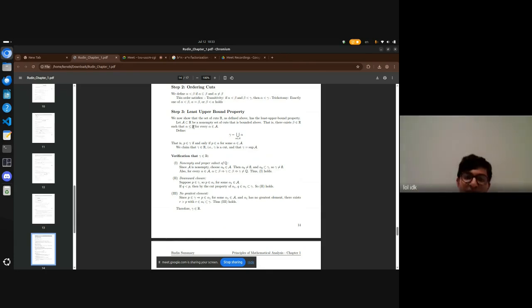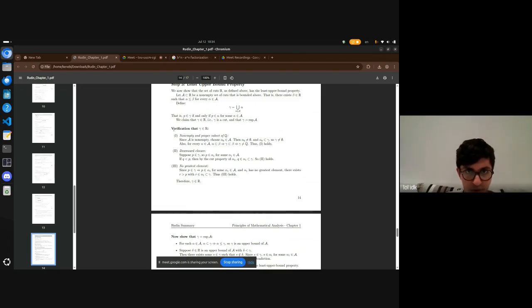We define gamma to be the union of all of these cuts, and that means p is in gamma if and only if p is in A for some A in the set, because it's the combination of all of these. Claim that gamma is in R, gamma is a cut, and that gamma equals the supremum of A.